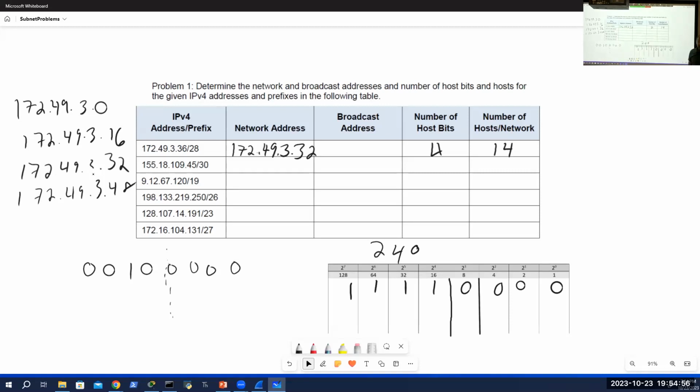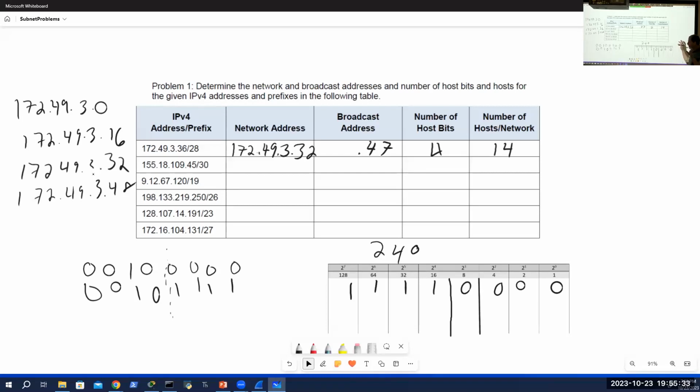All we have to do to figure out the broadcast is make all those zeros in the host portion 1s. So 0, 0, 1, 0, 1, 1, 1, 1. Convert that to decimal and you've got your broadcast. 32 plus 8 is 40, plus 4 is 44, plus 2 is 46, plus 1 is 47. I'm just going to write the last octet, so dot 47 is our broadcast.